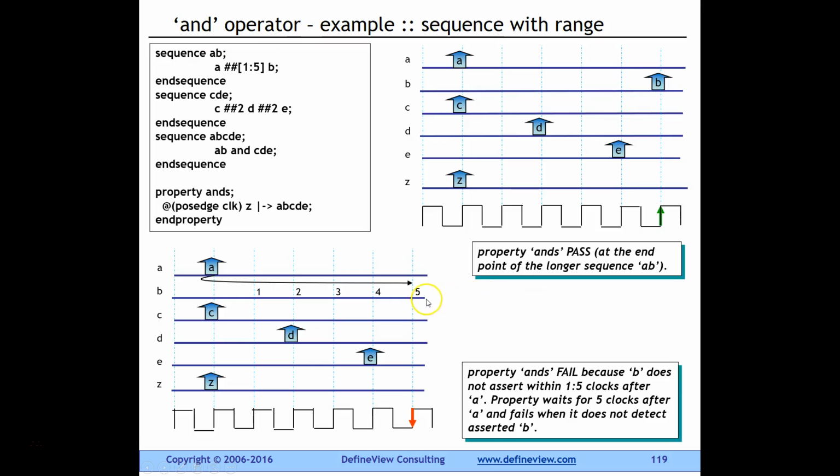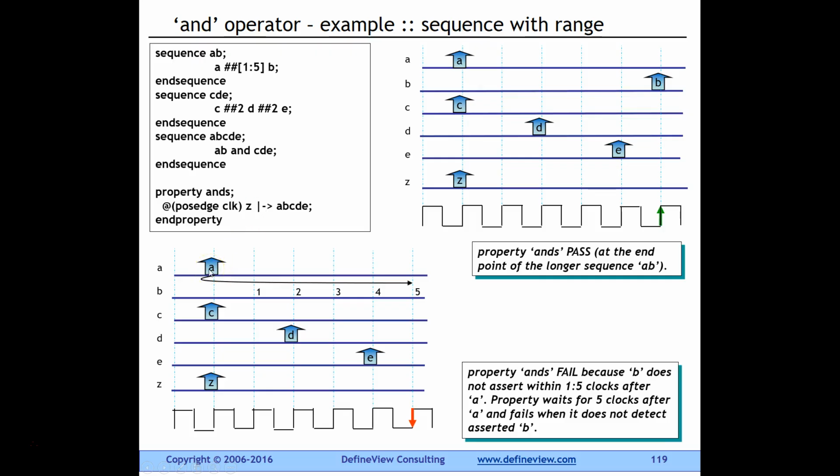Let's look at this example, this timing diagram. Both A and C are high at the same time that Z is high. Nodes A and C need to be high at the same time as Z, not because of the requirement of the AND property, but because of the overlapping operator that is here.